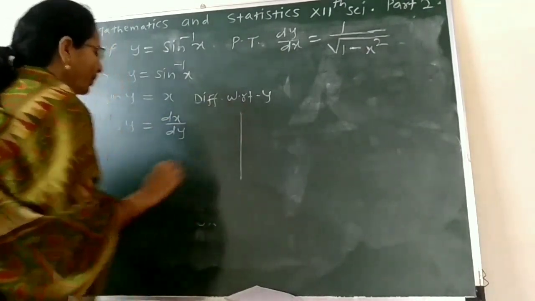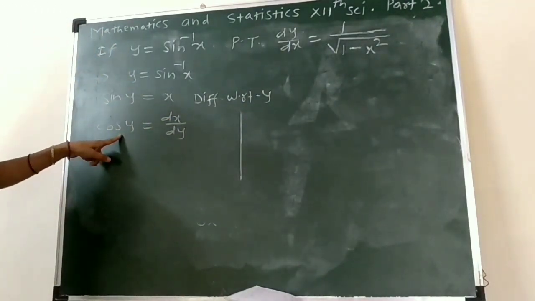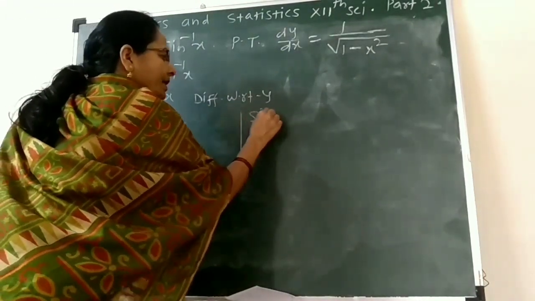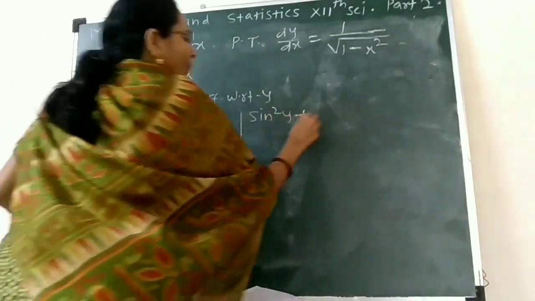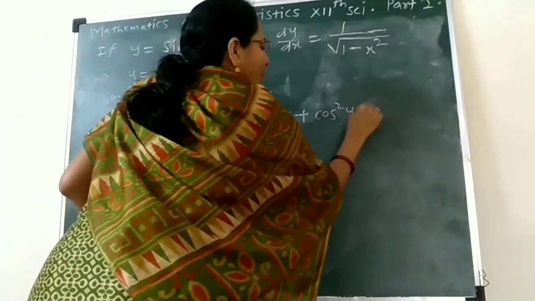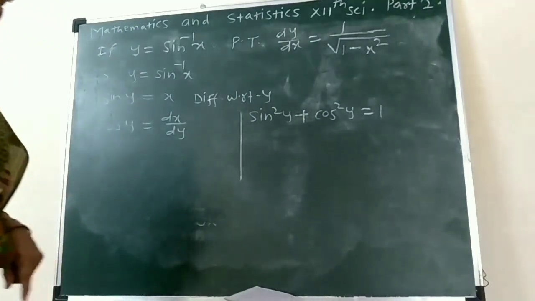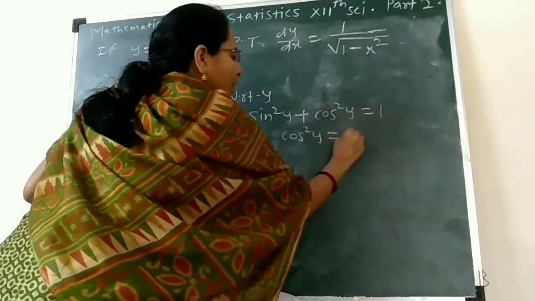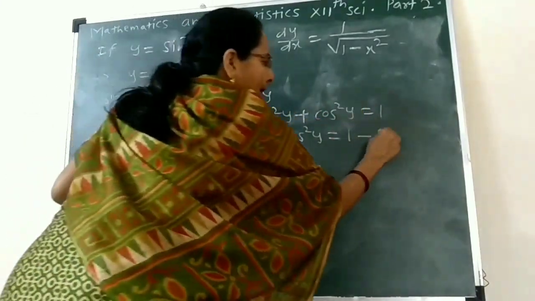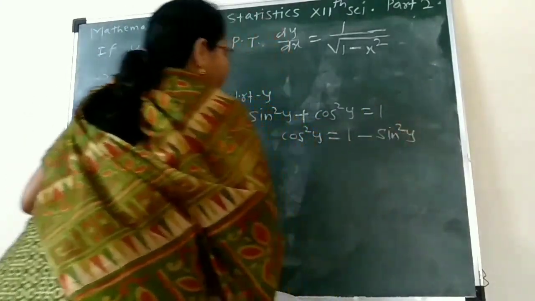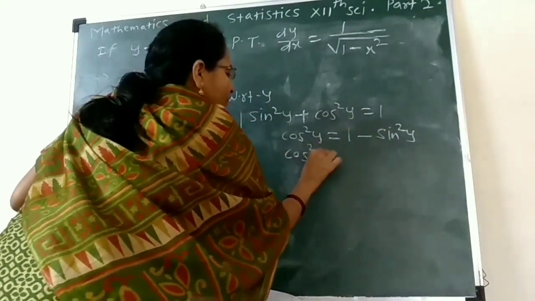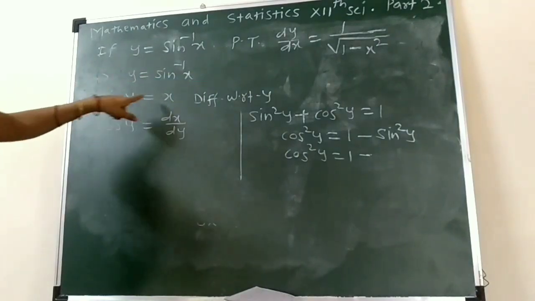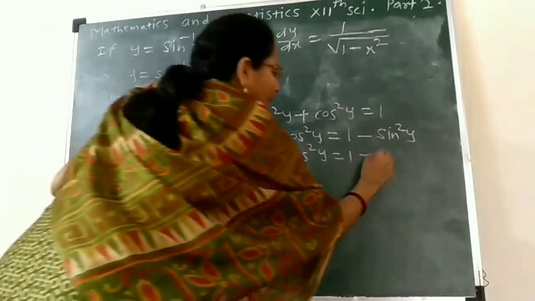Now find value of this cos y by using this x. That means we have identity sin square y plus cos square y equal to 1, cos square y equal to 1 minus sin square y, cos square y is equal to 1 minus sin square y, sin y is x, sin square y is x square.